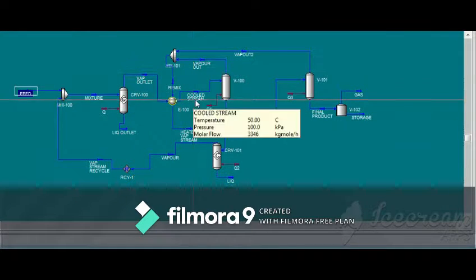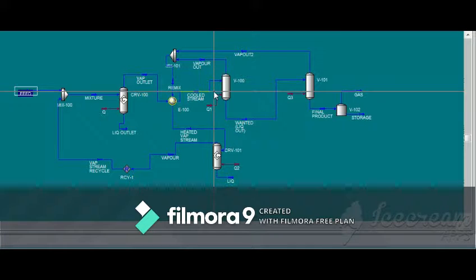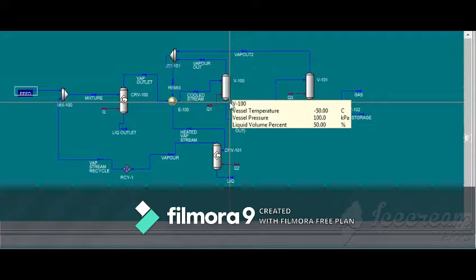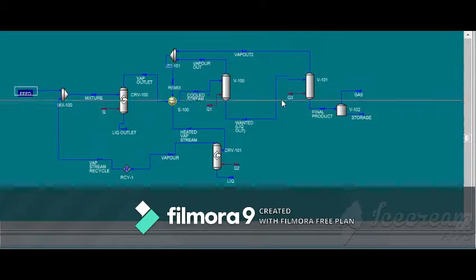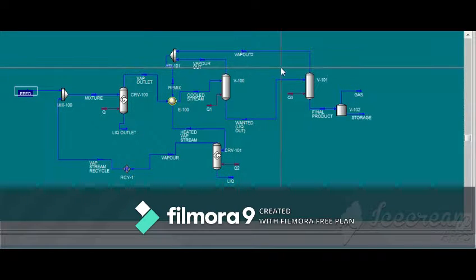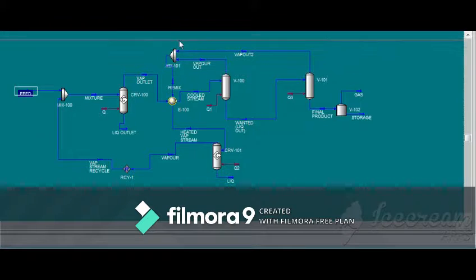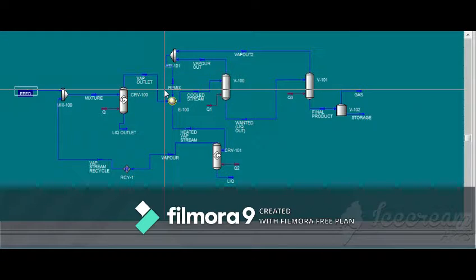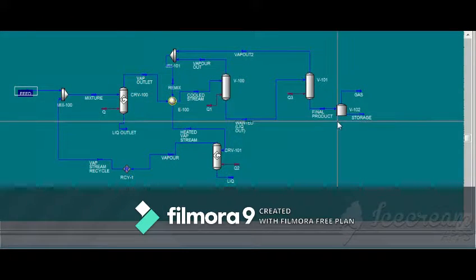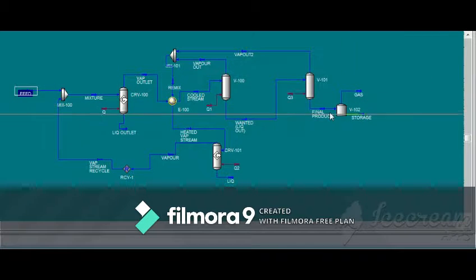Then the cold stream enters the liquid vapor separator, and the product then enters the final letdown separator. Both of the top streams of the separators are combined and go back into the heat exchanger. So the final product will then be stored in the storage tank.